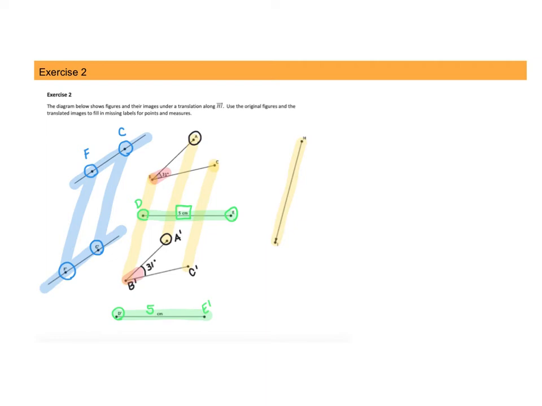So a few things I want you to notice based on this is that lines are taken to lines. That means that it preserves the length. Angles are taken to angles.